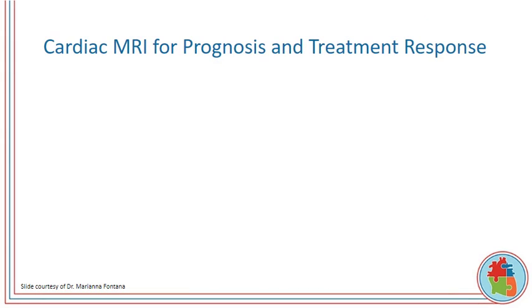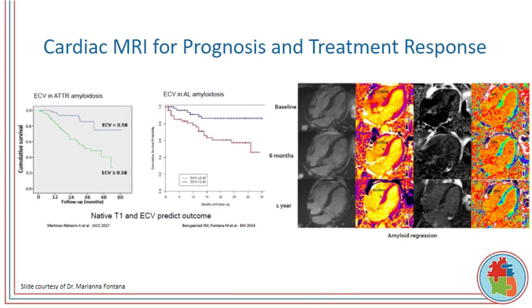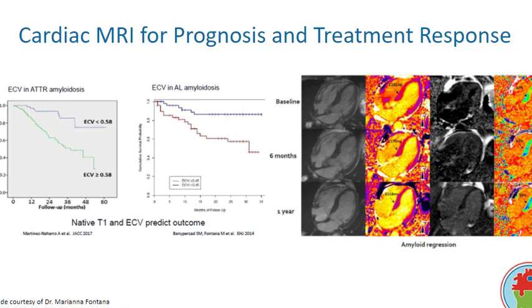Now, in addition to having utility for diagnosis of cardiac amyloidosis, cardiac MRI has also demonstrated utility for prognosis and evaluation of treatment response, particularly in patients with light chain amyloidosis. On the left, we see data from Dr. Mariana Fontana's group demonstrating the prognostic utility of baseline extracellular volume by cardiac MRI for clinical outcomes in patients with ATTR and AL cardiac amyloidosis.